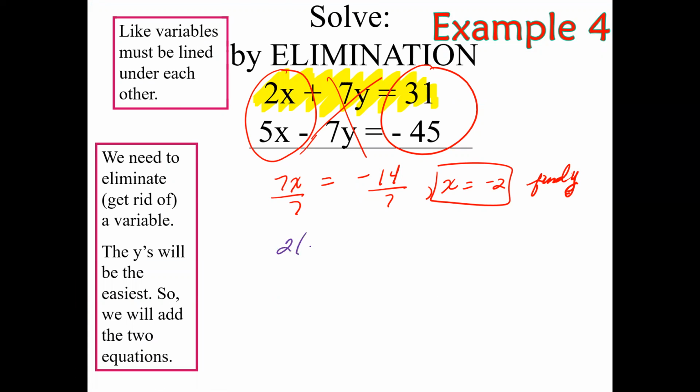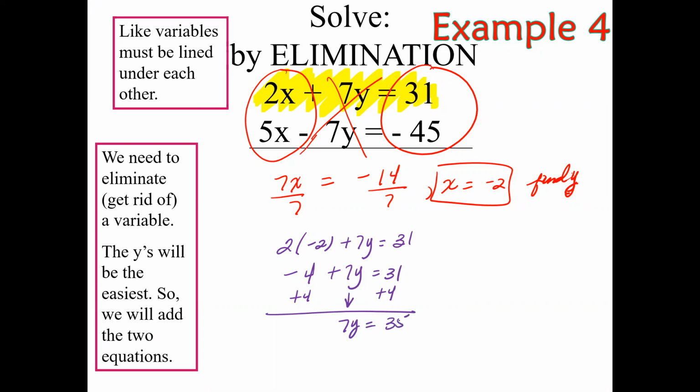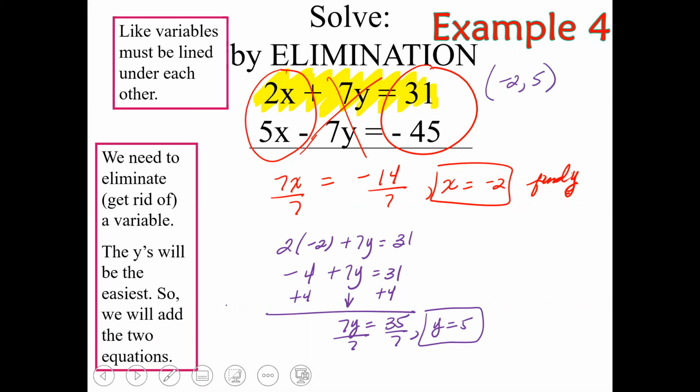So you have 2x, so 2 times negative 2, plus 7y equals 31. 2 times negative 2 is negative 4, plus 7y equals 31. I'm going to add 4 on both sides. 7y equals 35. Divide by 7, y equals 5. So I have negative 2, comma, 5 as my answer.